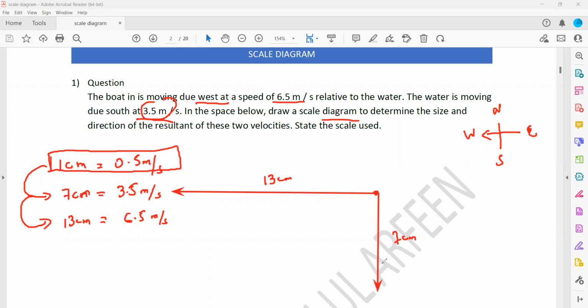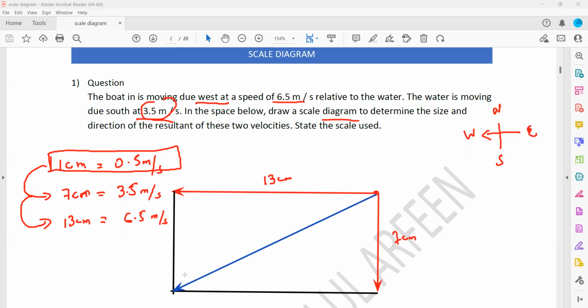After drawing 13 centimeters and 7 centimeters, we complete the figure, a parallelogram or a rectangle. After making a closed figure, we draw a diagonal.